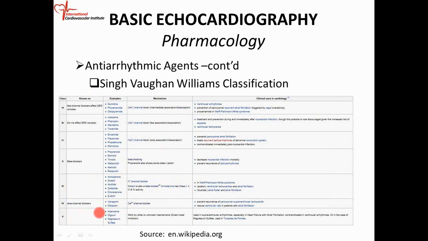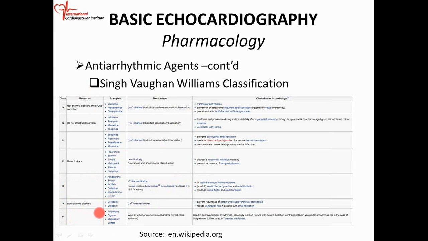Of course, we use adenosine if patients have any type of recurrent arrhythmia. So if they have stuff like atrial tachycardia, you can give them adenosine.